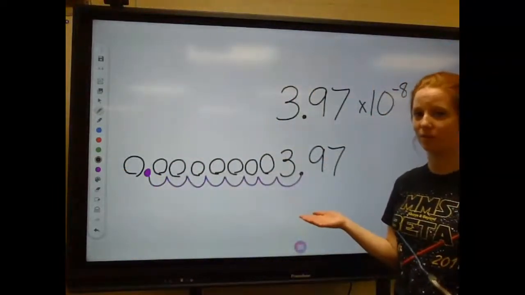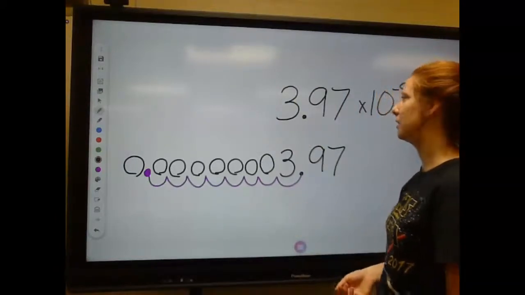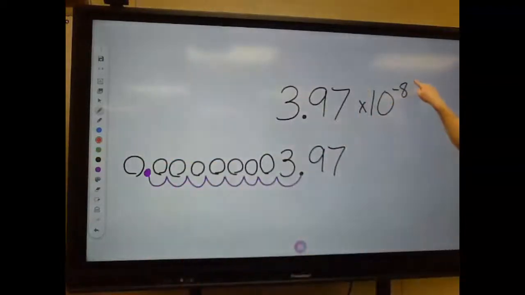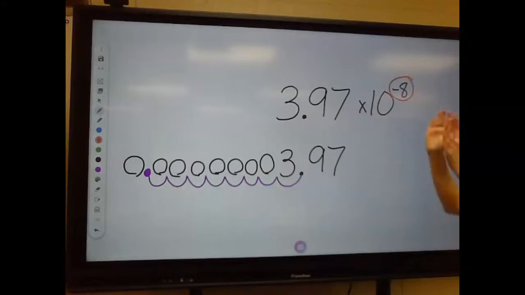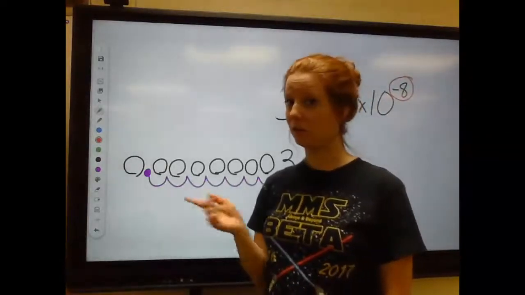And there's your answer. It's not pretty, but there's your answer. And this negative number, again, pay attention to your exponents. They are so very important. If you've got a negative number like this, it's going to tell you you're making a little itsy bitsy teeny tiny number. So let's give you your practice problem and finish this up.